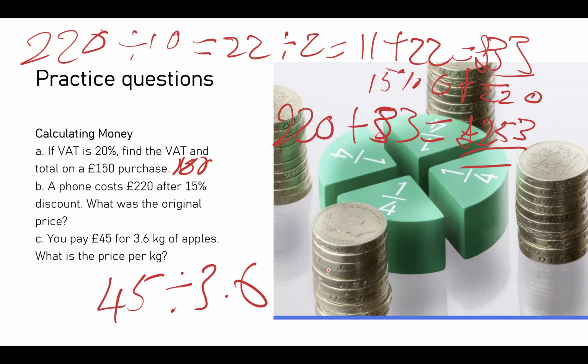You can divide 45 by 3.6. So 45 divided by 3.6 equals 12.5. The answer is 12.5, so £12.50 per kg. All we did was divide 45 by 3.6 there.